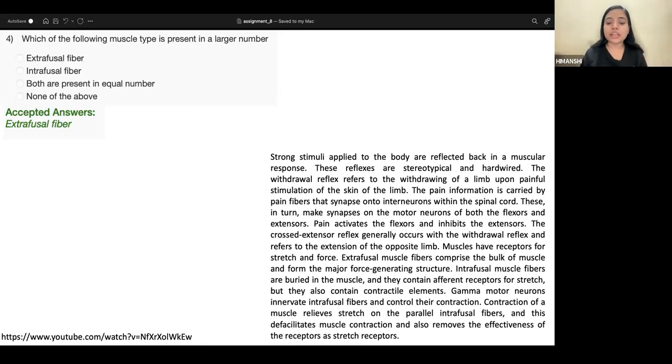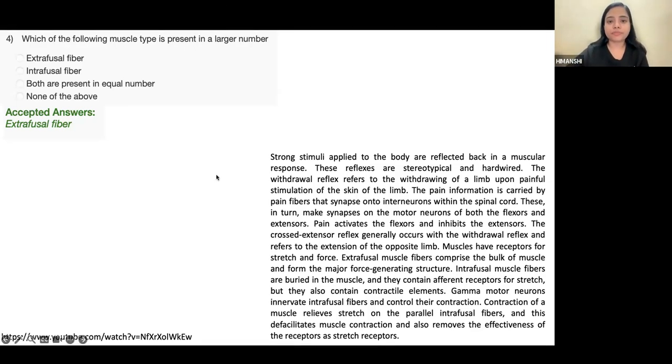Gamma motor neurons innervate intrafusal fiber and control their contraction. Contraction of a muscle relieves stretch on the parallel intrafusal fibers, and this defacilitates muscle contraction and also removes the effectiveness of the receptor as a stretch receptor. Okay, I hope that this is pretty self-explanatory in itself.